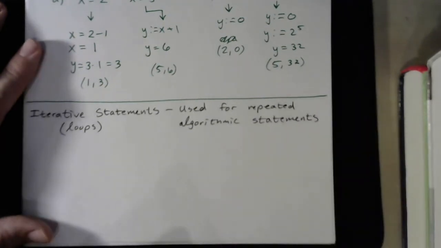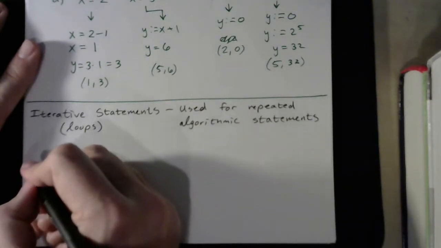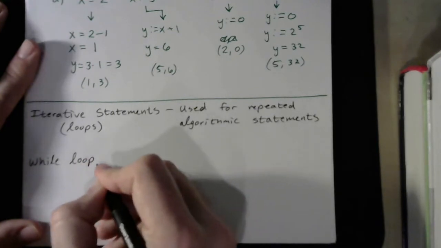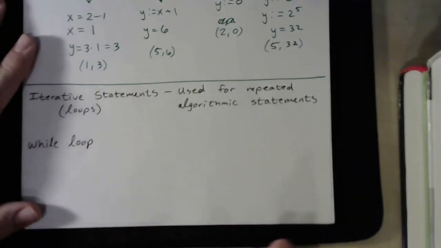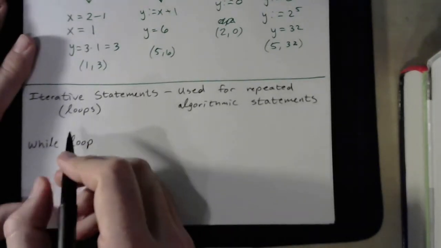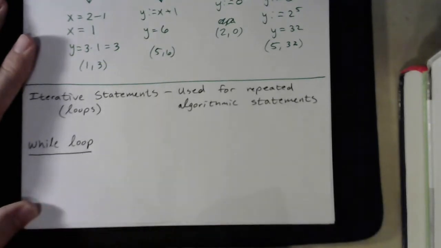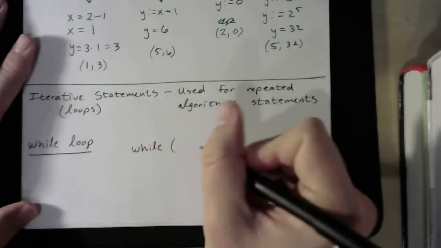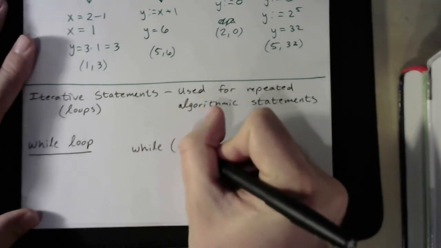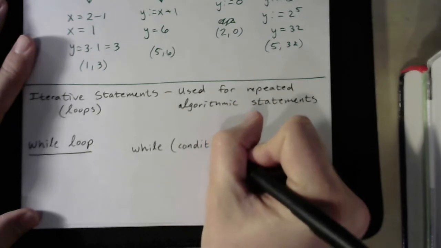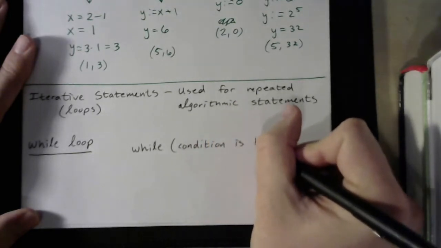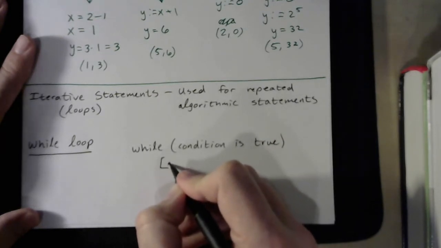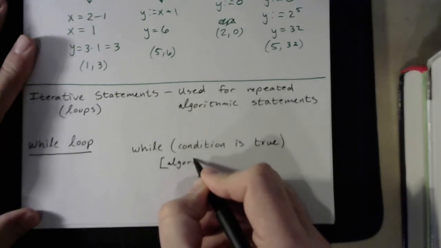That's why they're loops. And we're going to look at the while loop and the for next loop, or a for loop. So the while loop, our construction: while, in parentheses, condition is true. We do some stuff here, so we're going to put just generic algorithmic statements.